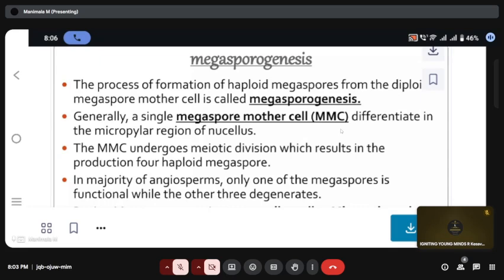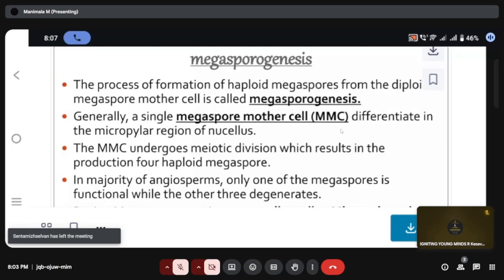In the nucellus towards the micropyle end, archisporial cells develop. In the micropyle end, archisporial cells will be formed.